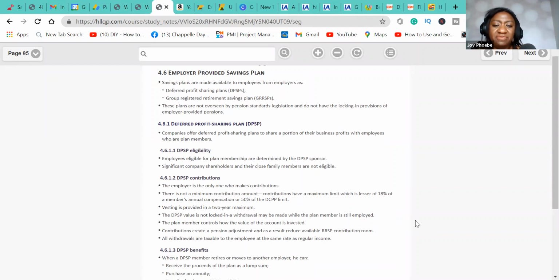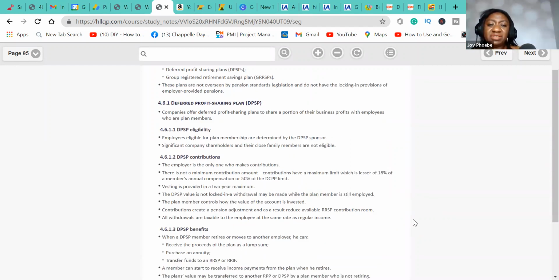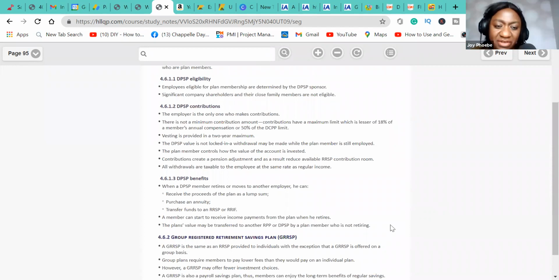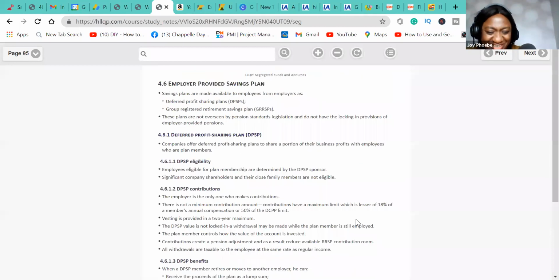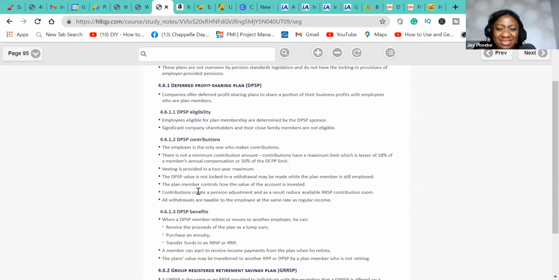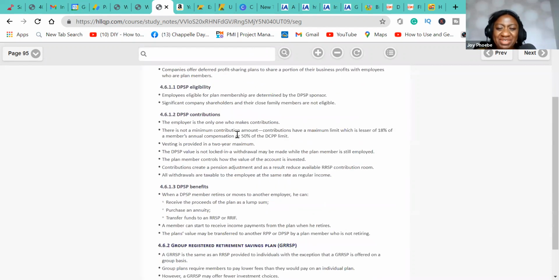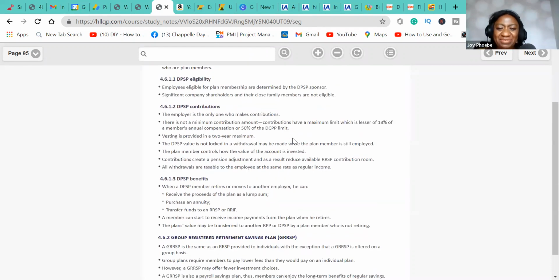Okay, deferred profit sharing plan contributions. The employer is the only one, of course, because they're the one sharing profit. Okay, a member's annual compensation of 50% of the DCPP limit.